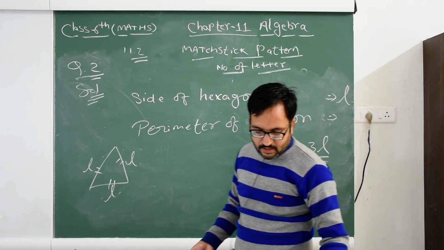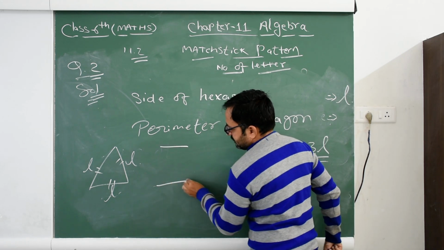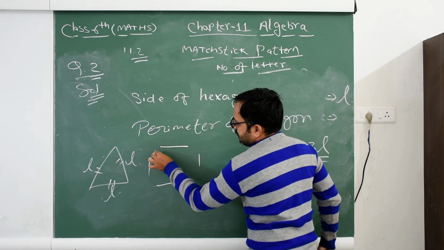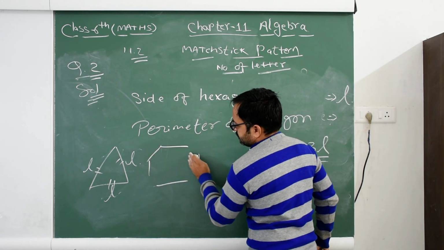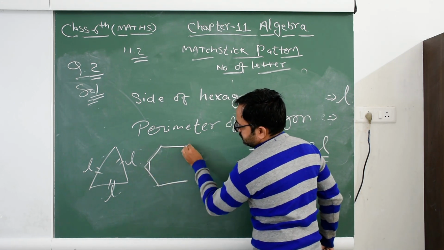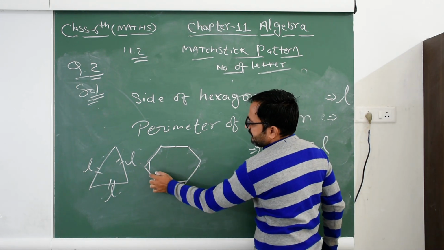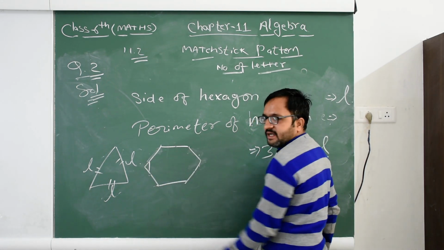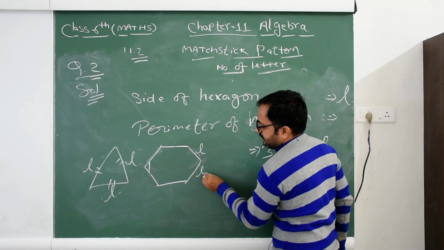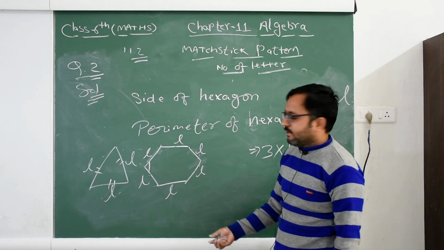We already know what a hexagon is. How many sides? 1, 2, 3, 4, 5 and 6, and the side is L. The diagram is already given in your book.